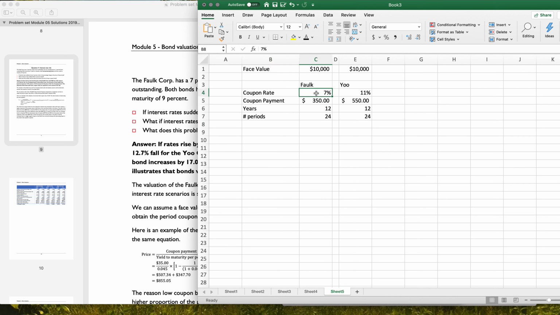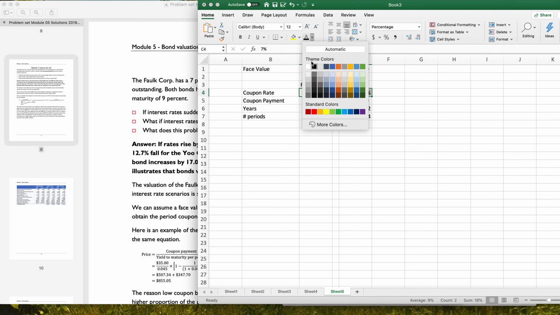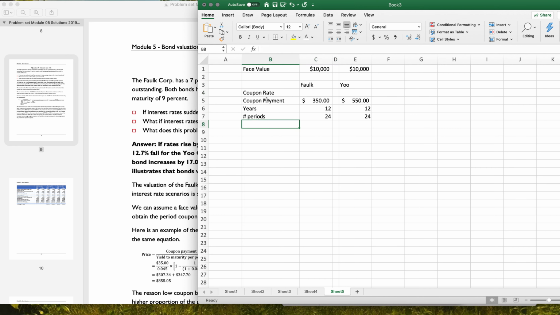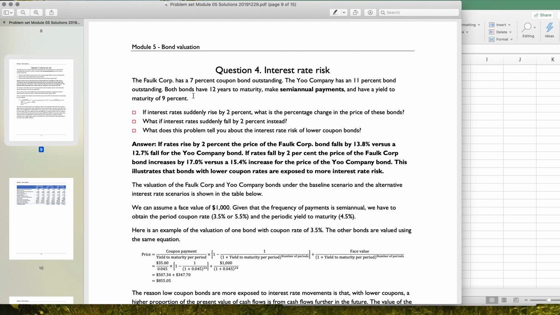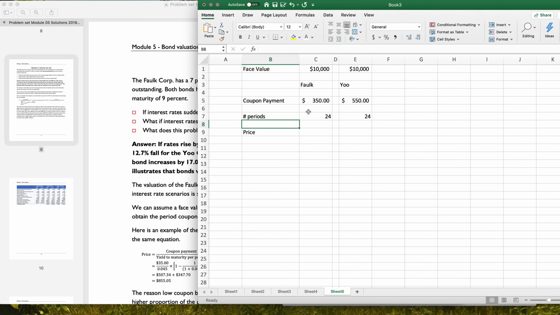Let's forget the coupon rate for a second because we don't really need it anymore. Our next step is to think about what the price is. The reason I'm saying this is because we have everything else that we need. In fact, let me white out the years as well. So we have the coupon payment, the number of periods, and the face value. And we currently have the yield to maturity of 9%.